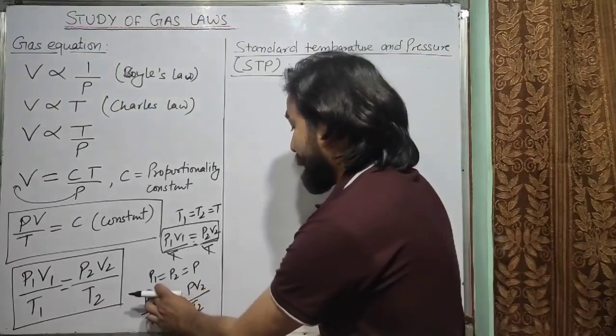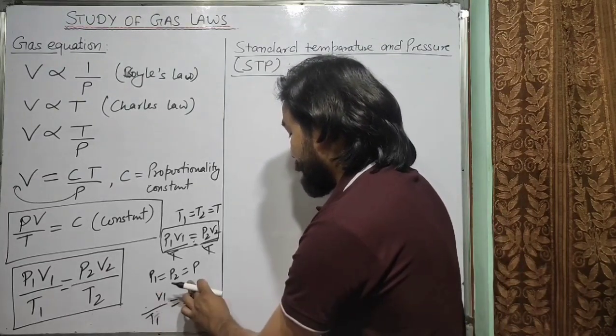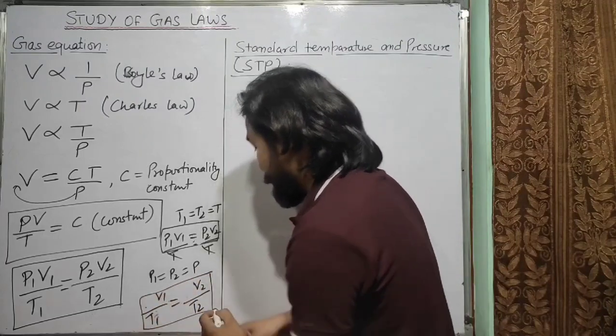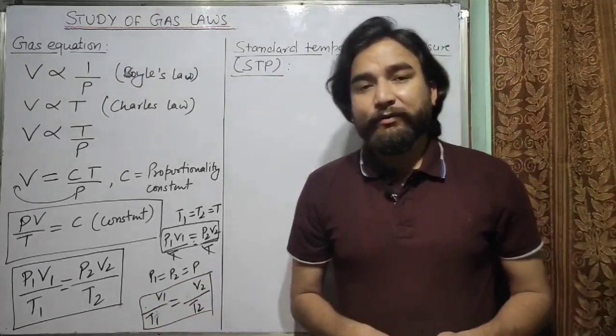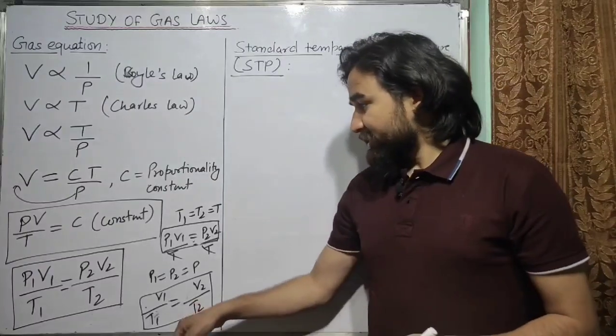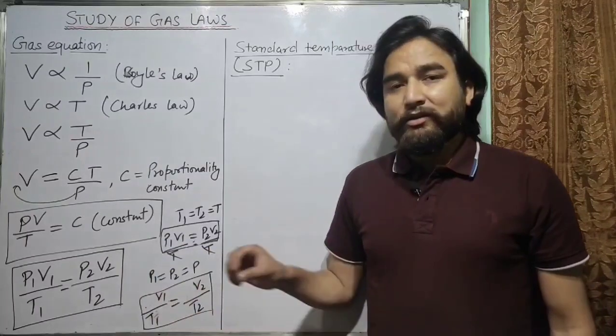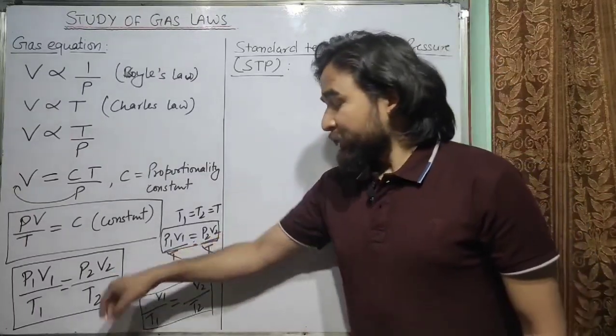You can cancel P on both sides because P is multiplied on both sides. So what do we get from here? V1 by T1 equal to V2 by T2. That is the condition of Charles' law. So we can get the conditions of Charles' law as well as Boyle's law from the gas equation.